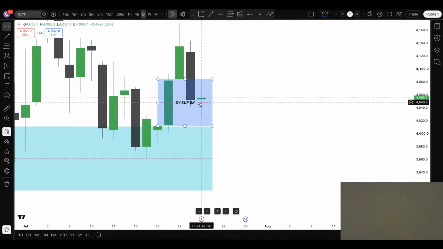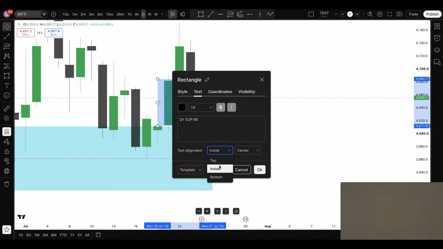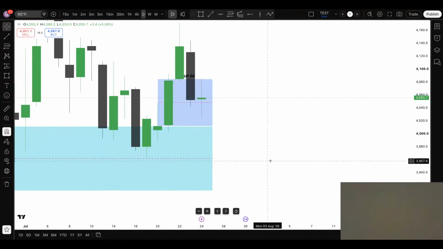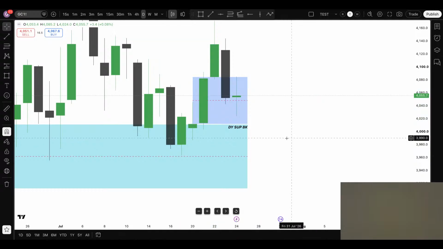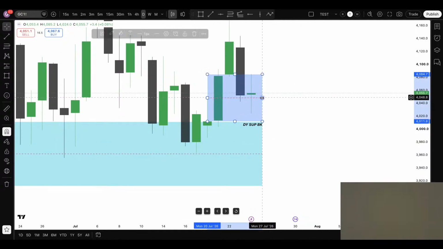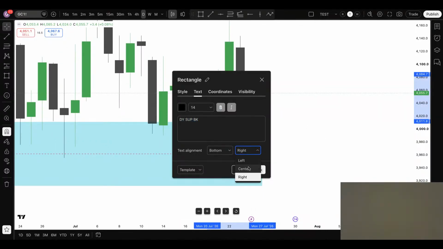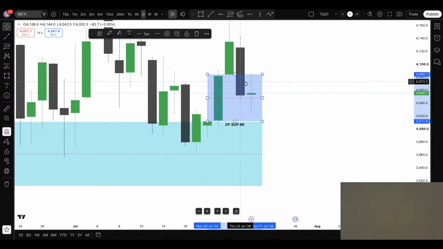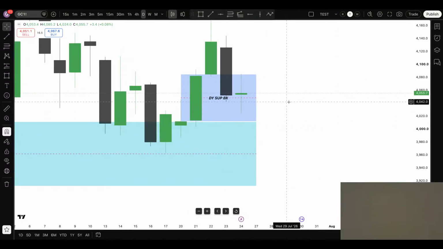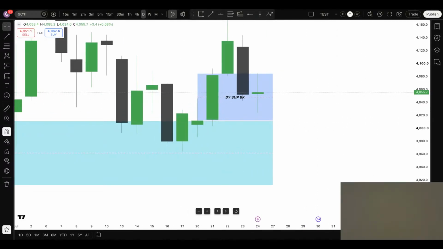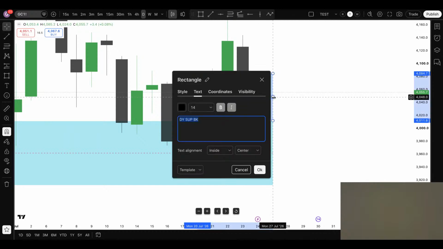So the price will be retraced to near this only.